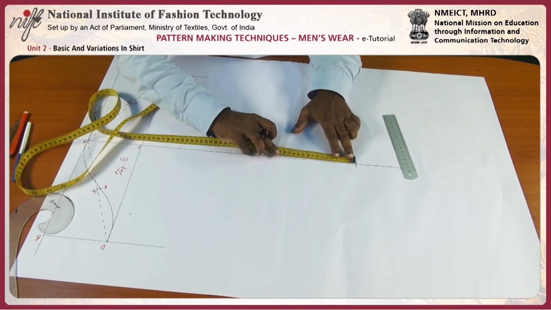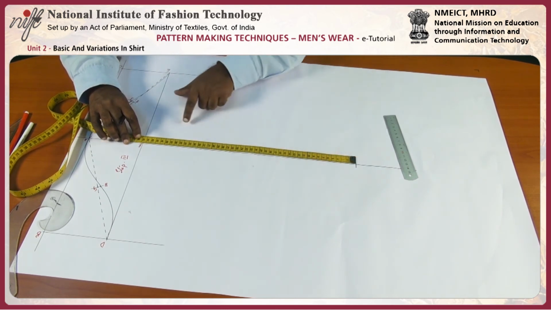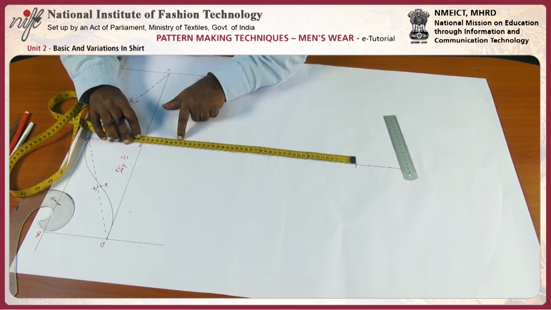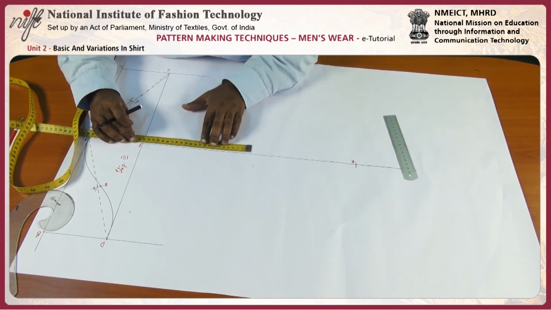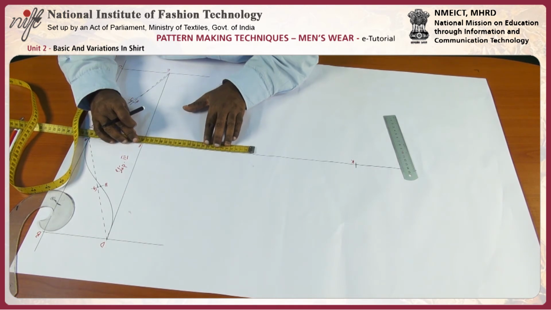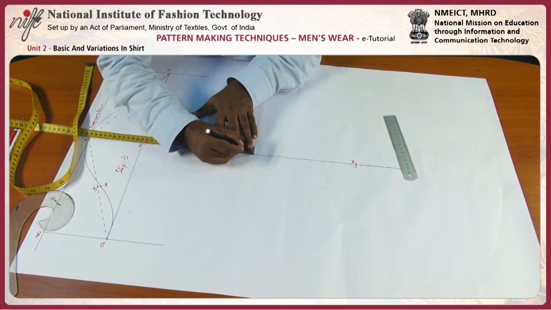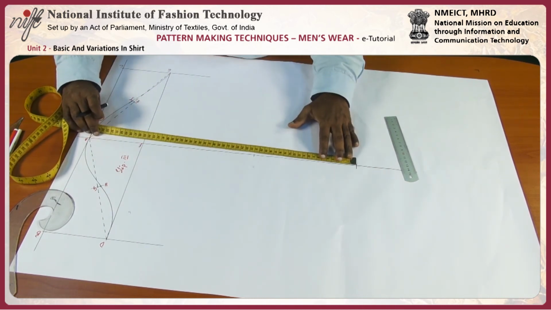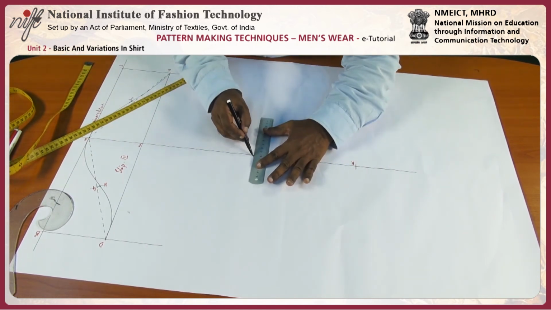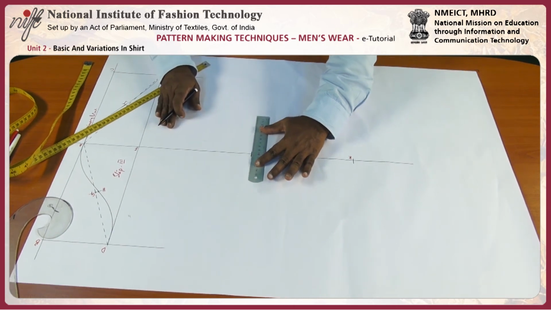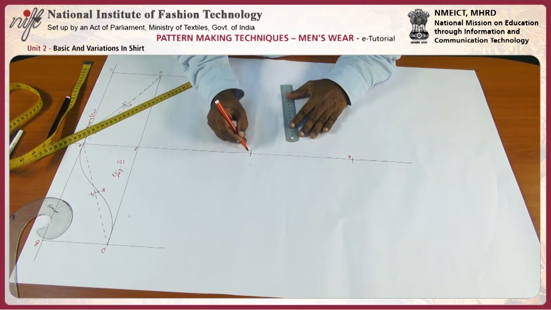FK is 44, and half will be 22.25, plus 1, is 23.25. Point L.